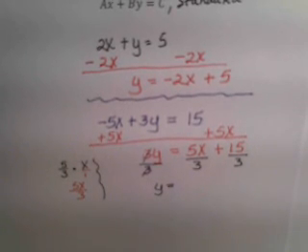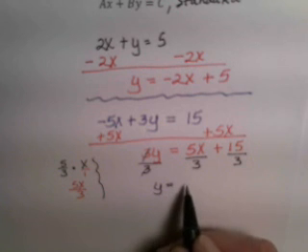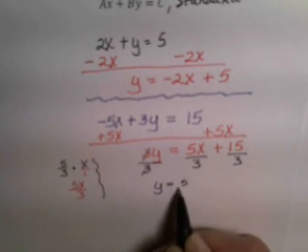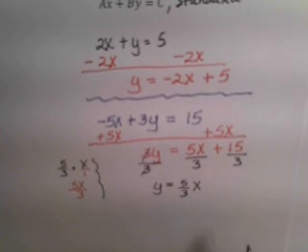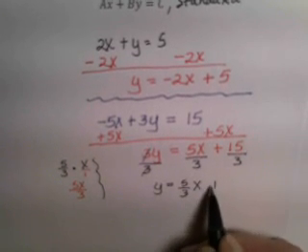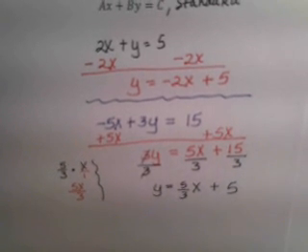So you can see that 5x over 3 is the same thing as 5/3 x. Then plus 5, because 15 divided by 3 is 5. There we have our equation in slope-intercept form.